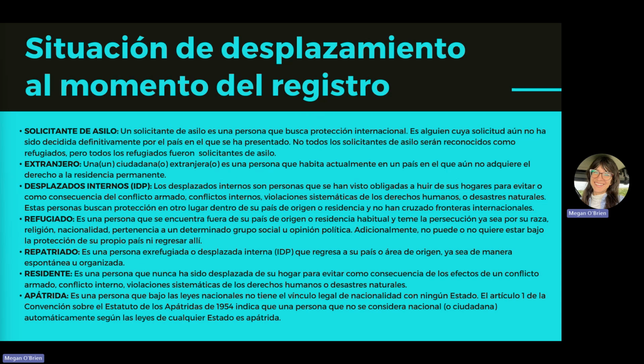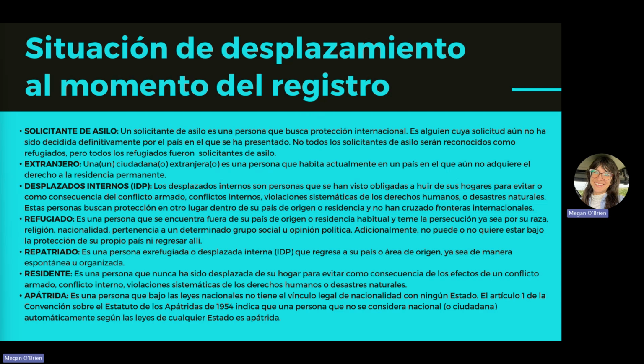So not every asylum seeker will ultimately be recognized as a refugee, but every refugee is initially identified as an asylum seeker. A foreign national is a person present in a country who does not currently have the right to permanent residency of that country. So maybe it's someone who's come to the country where you're operating for work.